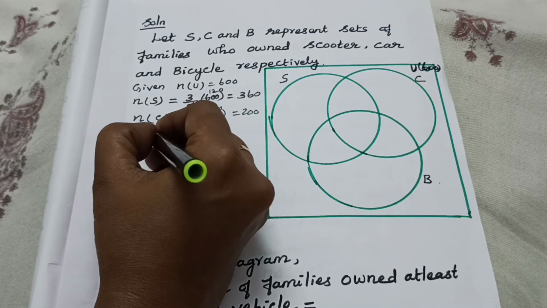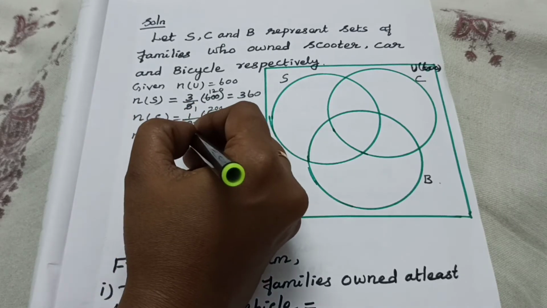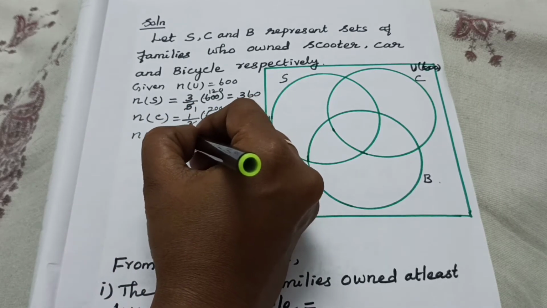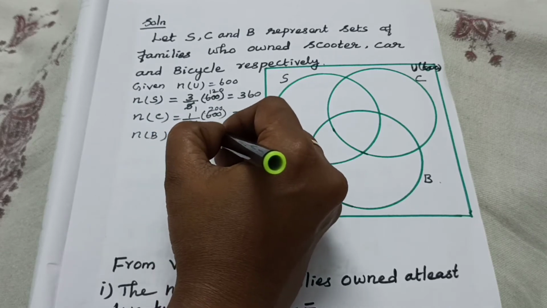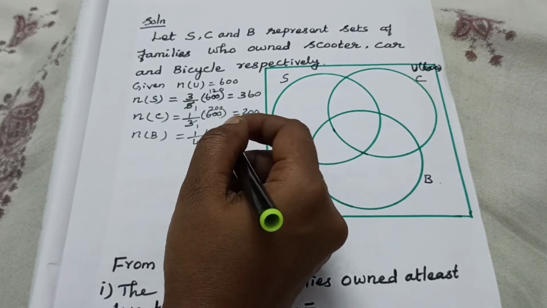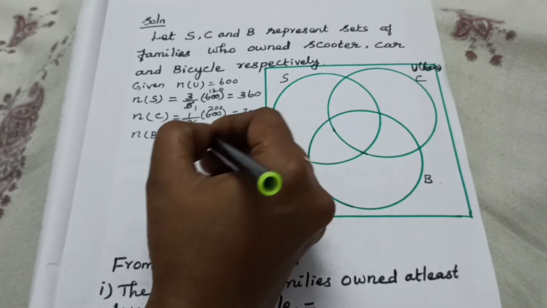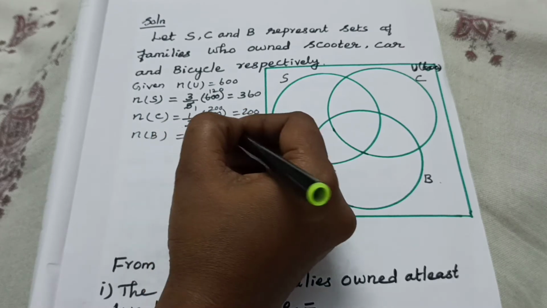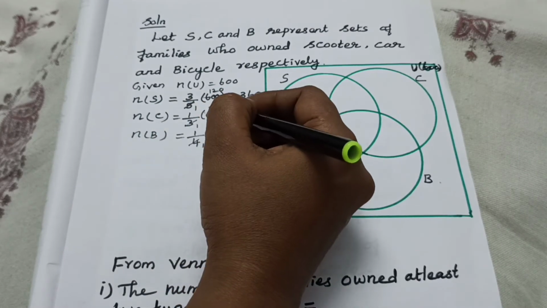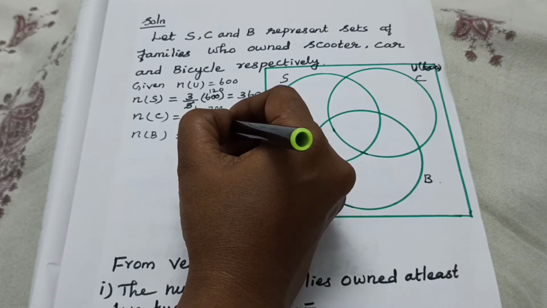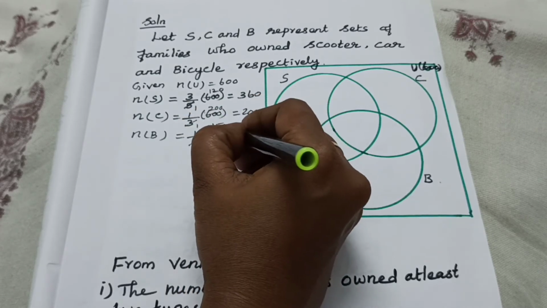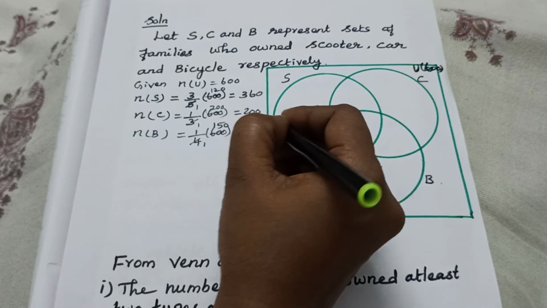Then n of B is given as 1 by 4, 1 by 4th of 600. How can we cancel this? 1 4 is 4, here 5 0, then cancelling, 150 we will get.